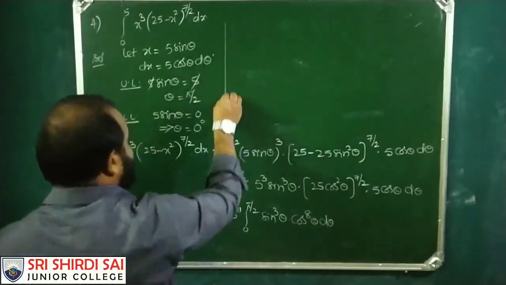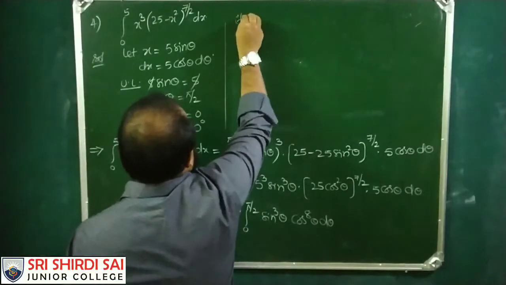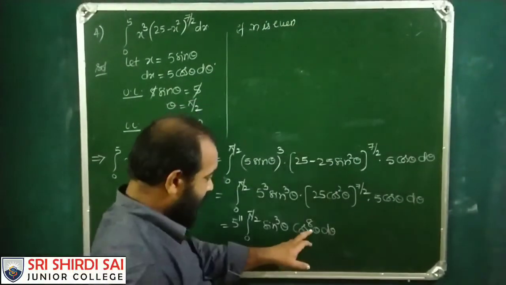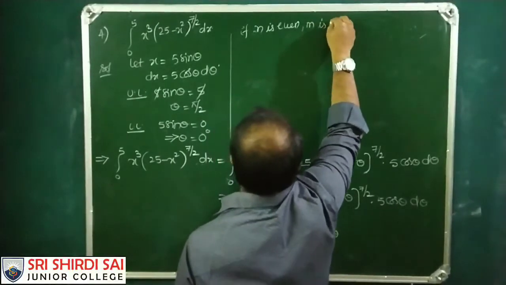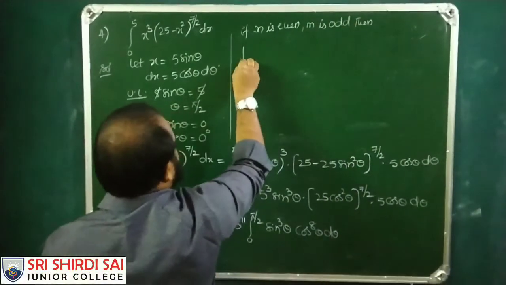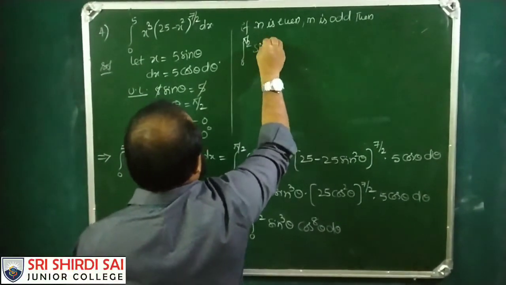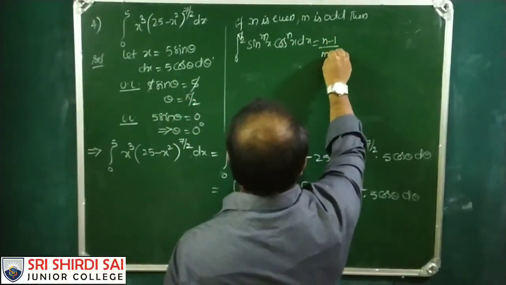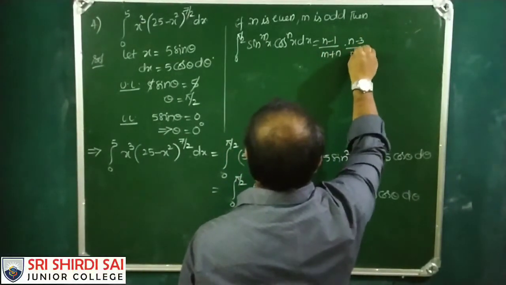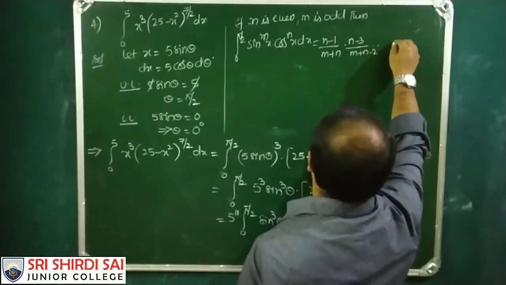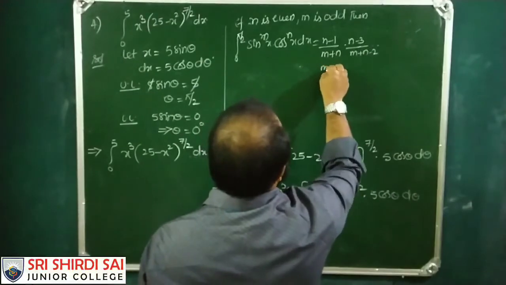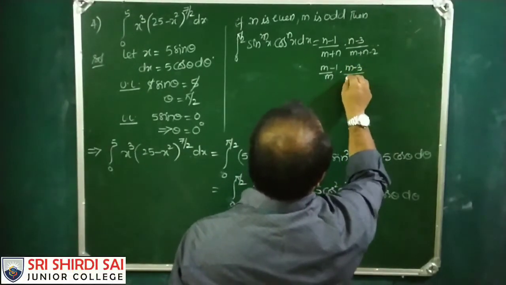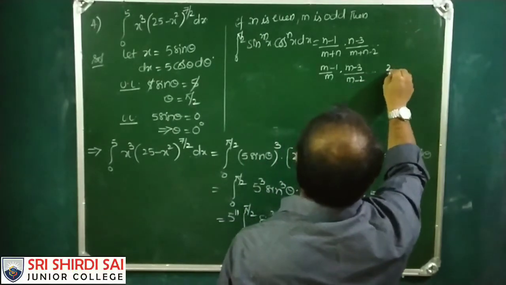So this is equal to, if n is even, comma m is odd, then integral 0 to pi by 2 sin power m x into cos power n x dx is equal to n minus 1 by m plus n, n minus 3 by m plus n minus 2, etc., into m minus 1 by m, since m is odd, m minus 3 by m minus 2, etc., 2 by 3 into 1.